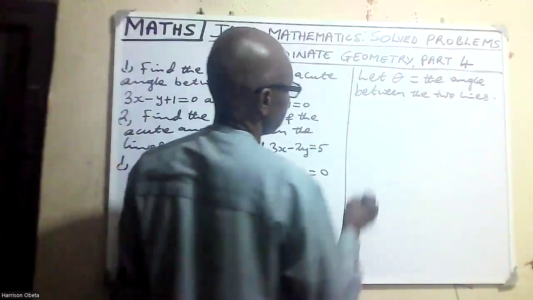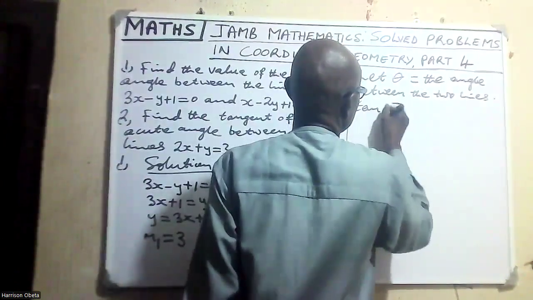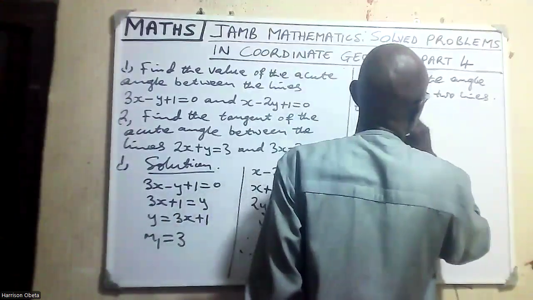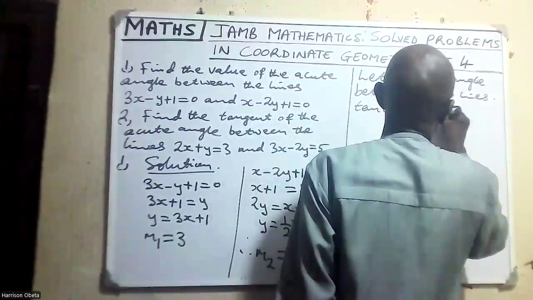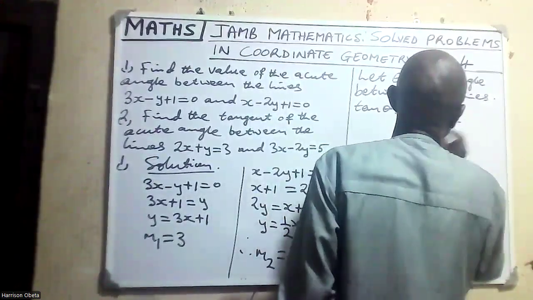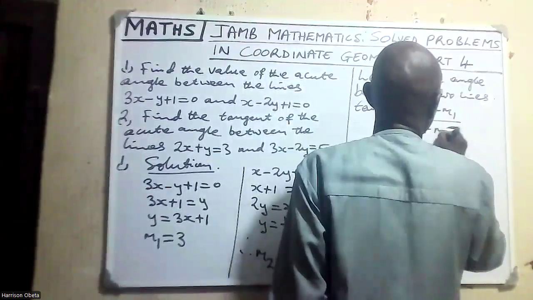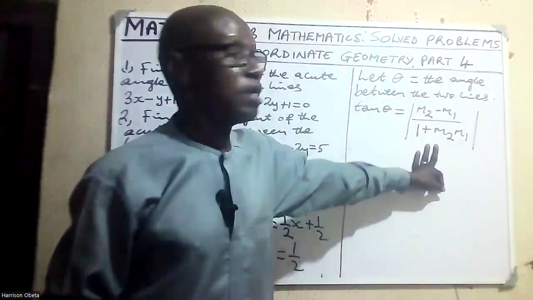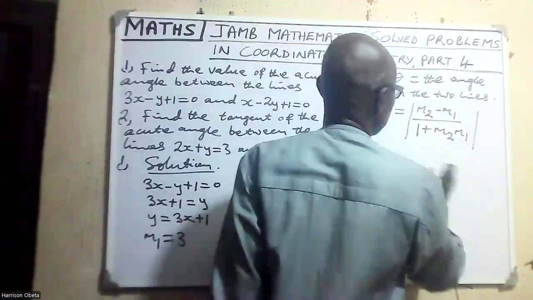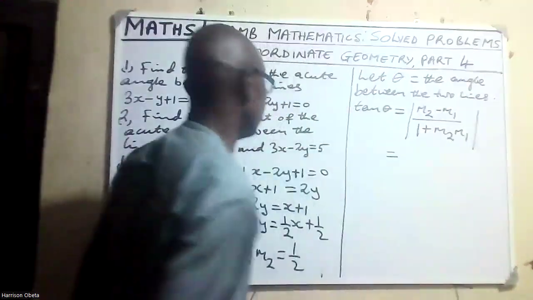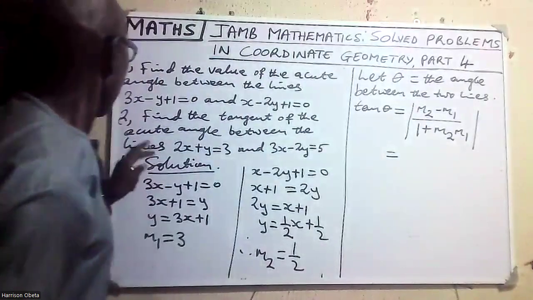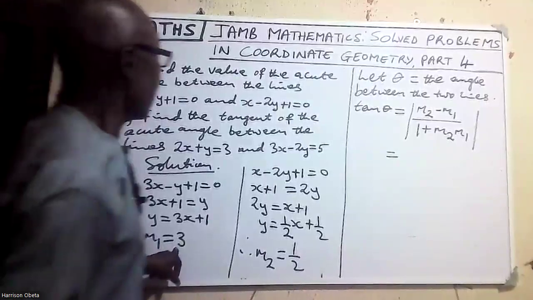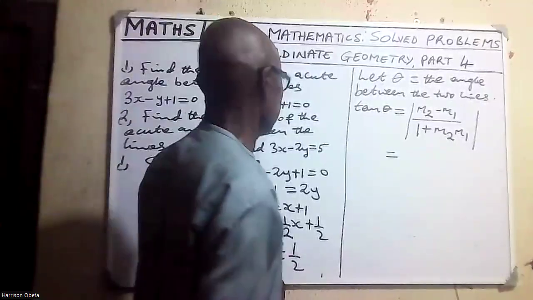Tan theta is given by the absolute value of m2 minus m1 all over 1 plus m2 m1. Remember that this is absolute value. So you substitute the values accordingly. As we know, our m1 is 3 and our m2 is half.